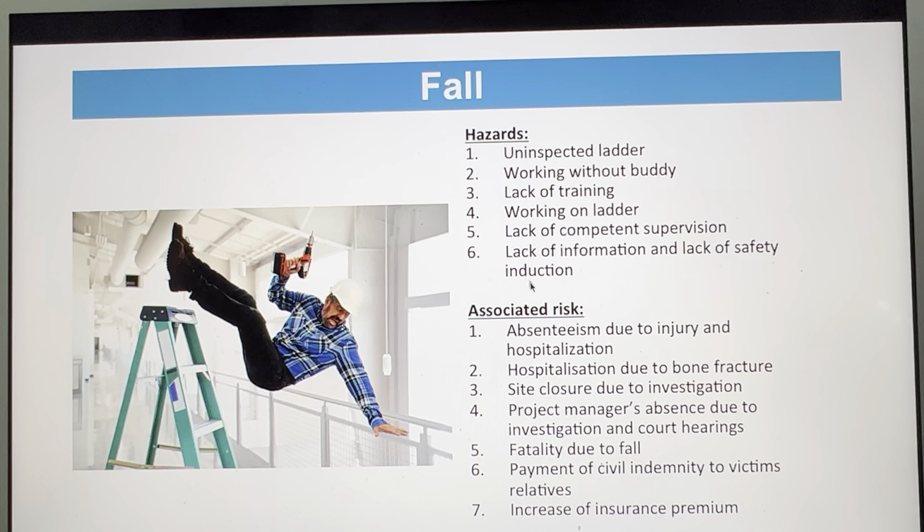Then we have the hazard and associated risk, uninspected ladder, working without body, lack of training, working on ladder, lack of competent supervision, lack of information, and lack of safety induction. Then the associated risk is absenteeism or a long absence due to hospitalization, due to the injury sustained.